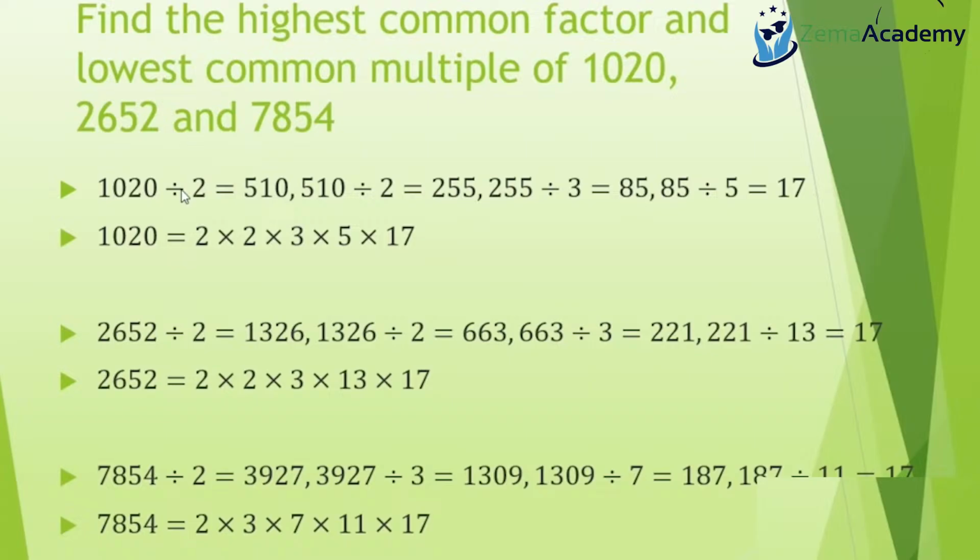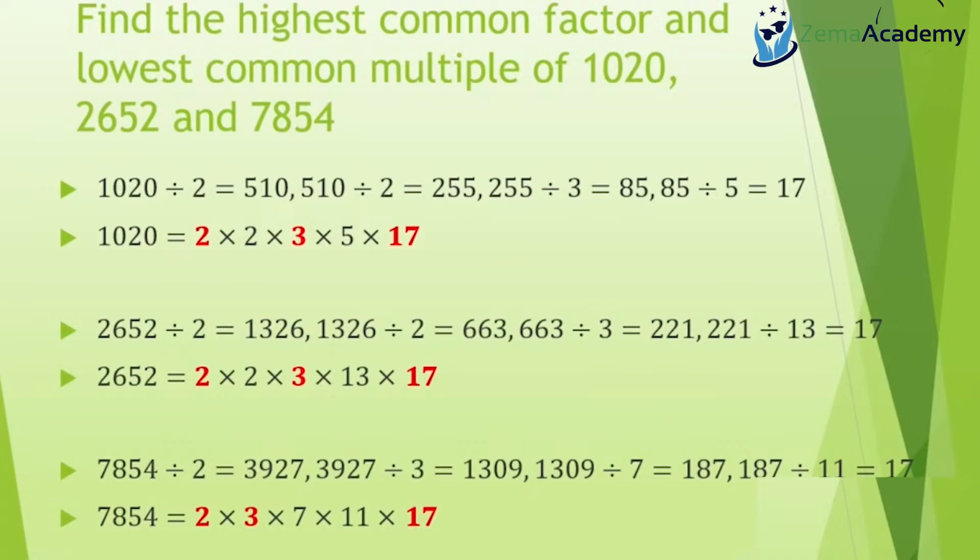The first one, 1020, I know I can divide by 2 because it's even. 510 I can divide by 2 because it's even. Then I can divide by 3, and so on. So having done that, I end up with 1020 is the same as 2 times 2 times 3 times 5 times 17. I then followed the same processes for 2652 and 7854. You'll get a chance to do this in your tutorials.